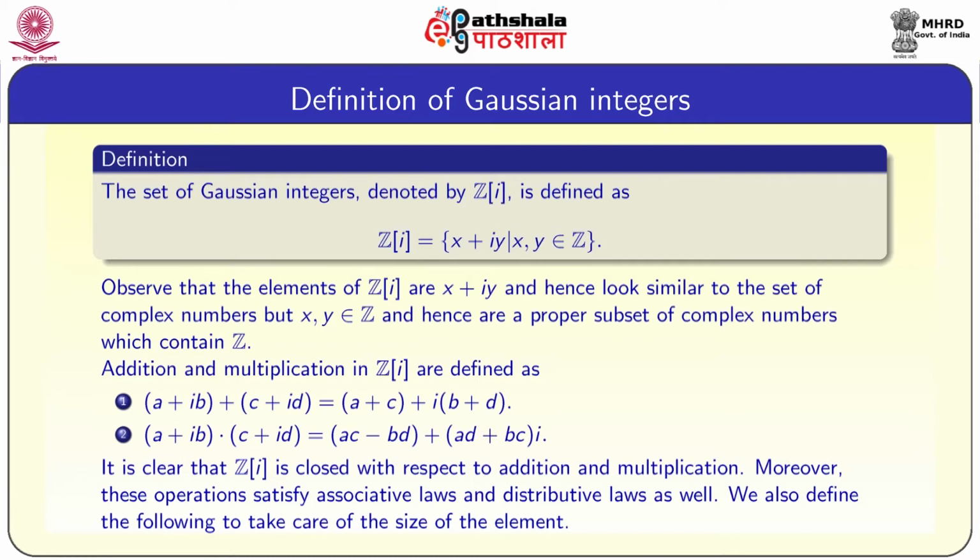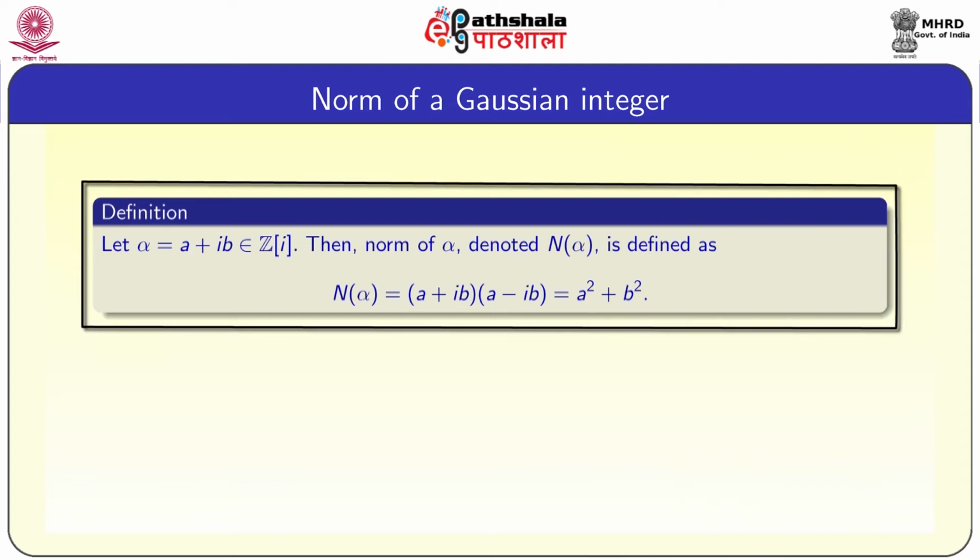We will also define the following to take care of the size of an element, that is called the norm of a Gaussian integer. It is like the modulus of an integer. For integers, modulus gives a positive integer except 0. Similarly here we are defining the norm, which takes a Gaussian integer to an integer.